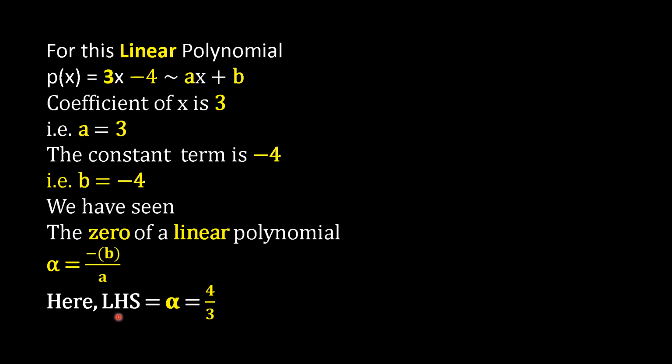Here the left hand side is alpha, which we have found out to be 4/3, which is the zero of this linear polynomial. And the right hand side, which is -b/a, we will replace b by -4 because b is -4 here.